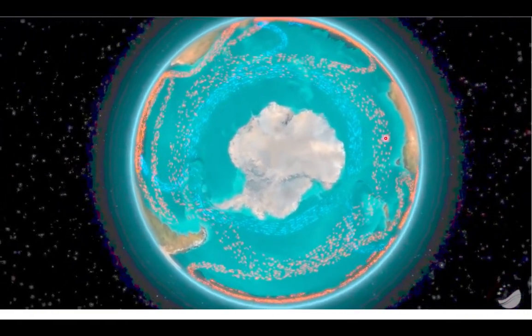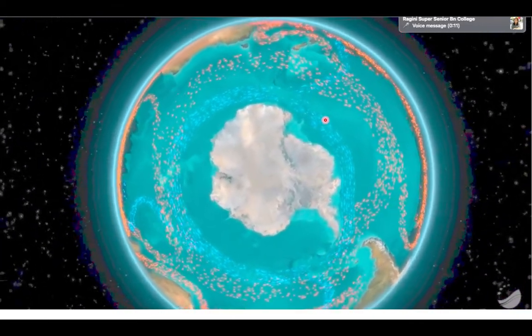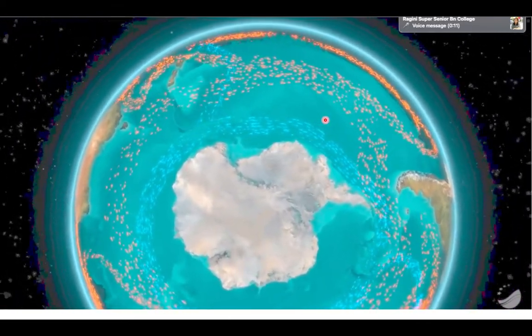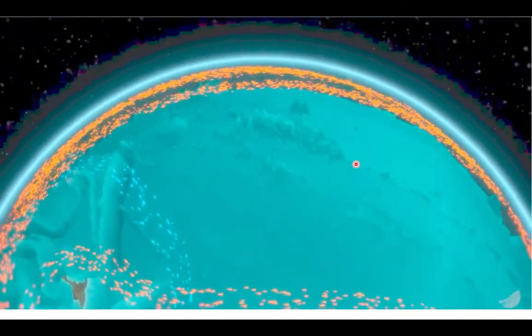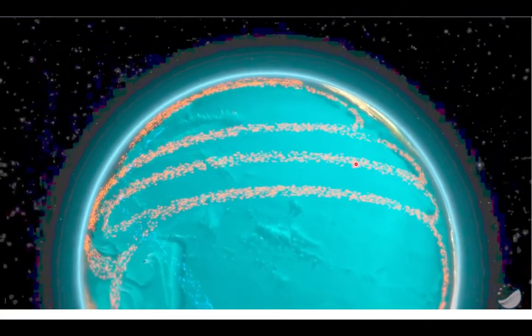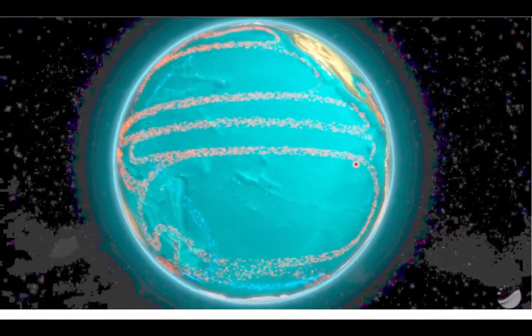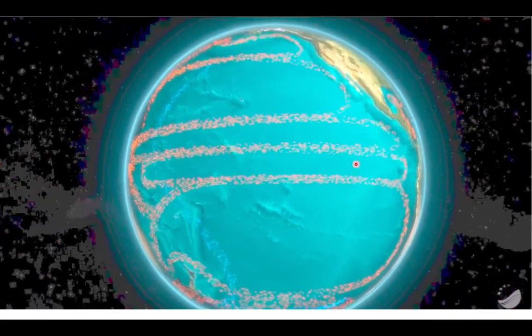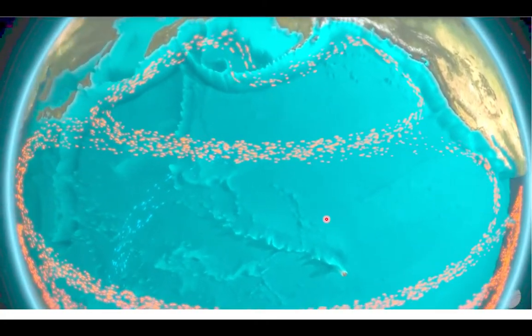And here one complete circle is there. This complete circle is basically the Antarctic Circumpolar Current, the world's largest current, you can say. So I will discuss the whole animation. By the end of this video you will come to know why this is happening actually.